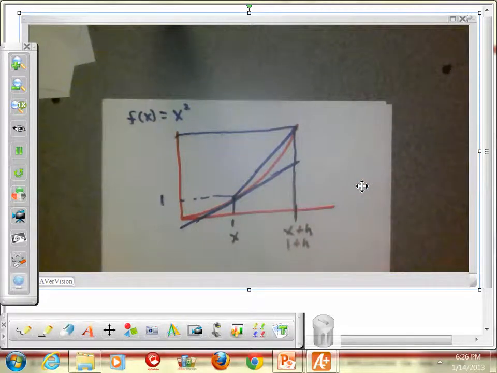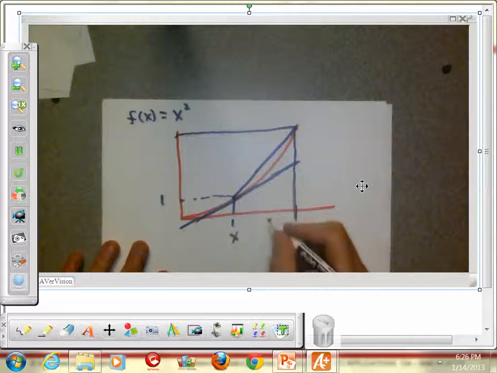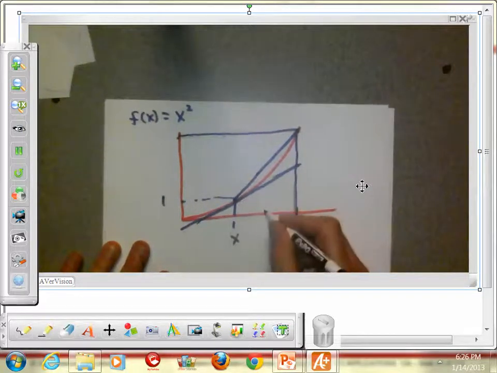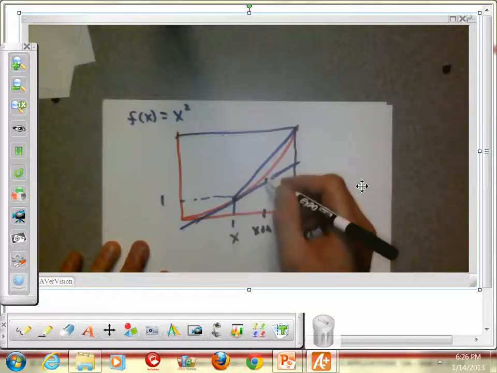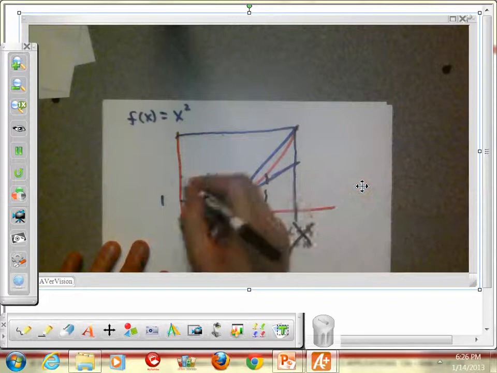Well, how do we get a better approximation? Well, if I have another marker, which I do somewhere. Yes, I do. And fortunately, it's a black marker. What we're going to do here is, instead of using this point, we're going to go a little bit closer and make x plus h over here. And we look at, say, this point.